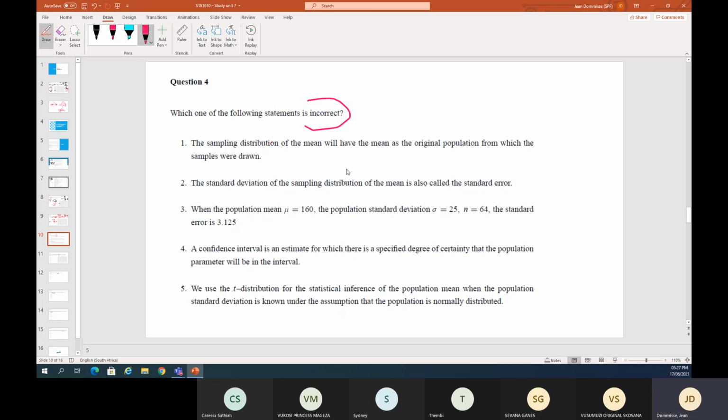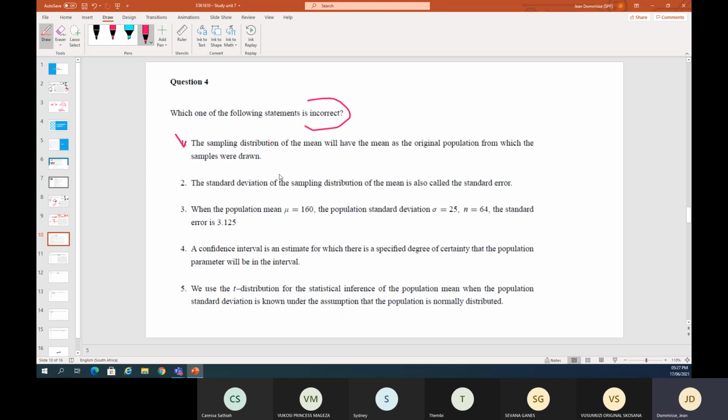What do you guys think? I think there was nearly a question like this on the chat in the week as well. When we work with study unit 6 and 7, we can assume that your sampling distribution of a mean and your original population mean will be the same.